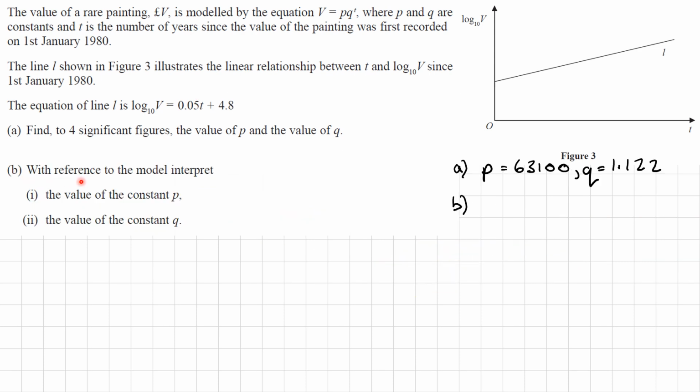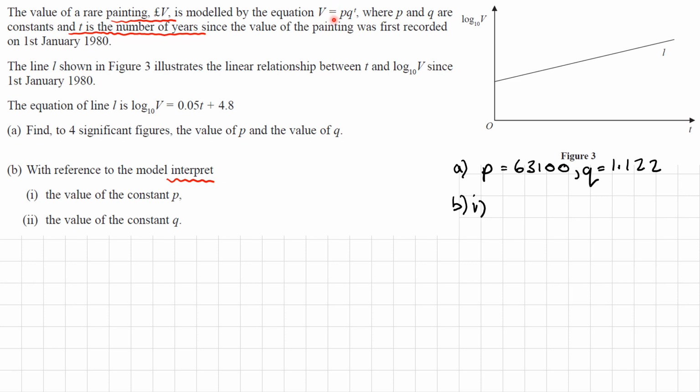Part B. With reference to the model, the first part of part B is to interpret the value of the constant P. Now interpret always means look at what the number means in the context of the question. This question is about the value of a painting and the number of years since its value was first recorded on the 1st of January 1980.